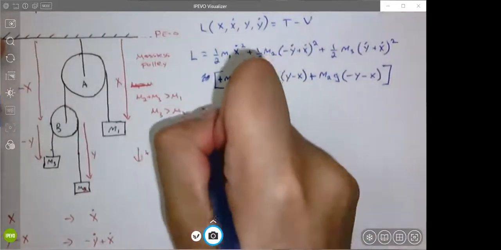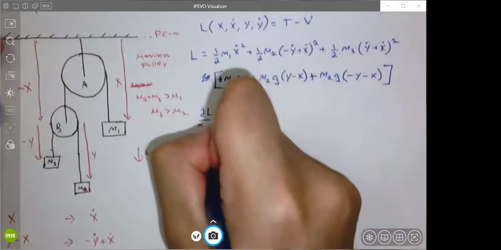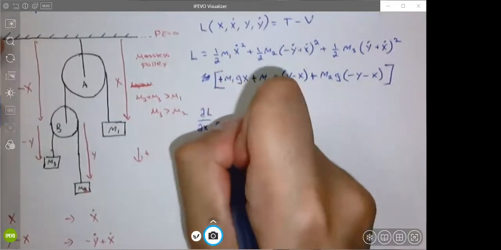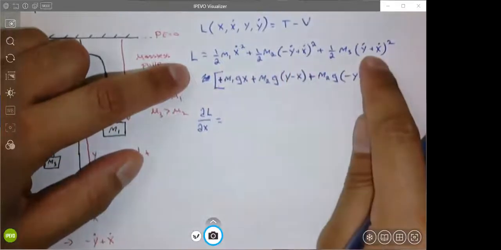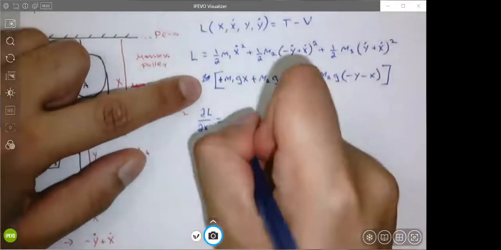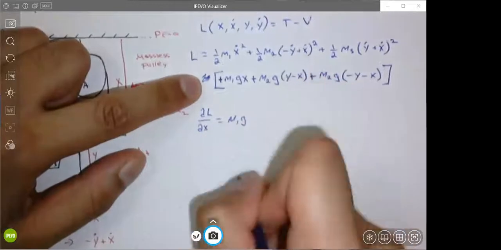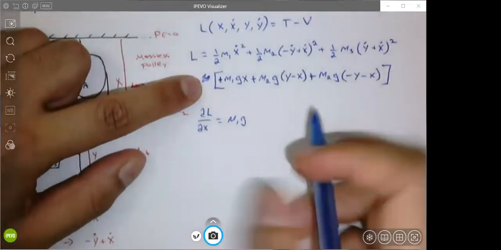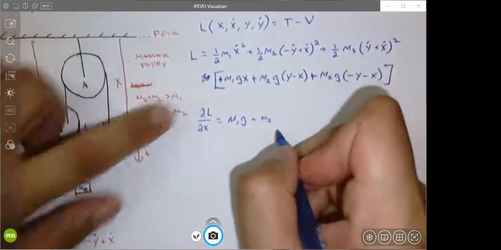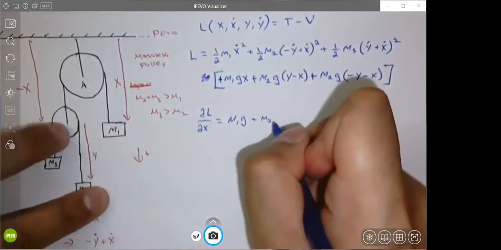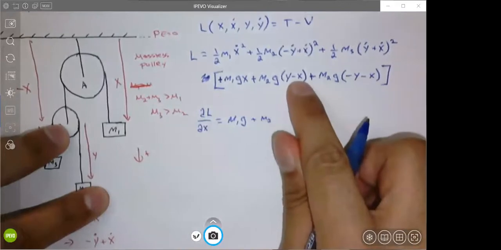The first thing we need to do is figure out what the partial of the Lagrangian is with respect to x. And we go into our equation. There's no x here, there's no x here, there's no x here, there's an x here. So it's going to be m1g, great. Over here, it's going to be plus m2g, but this is negative x.